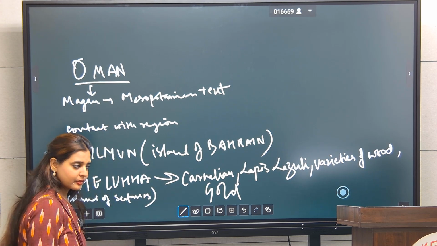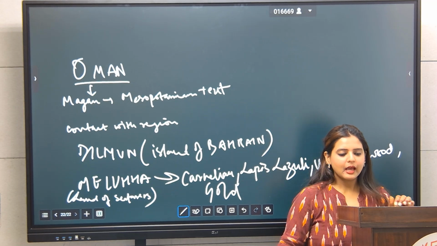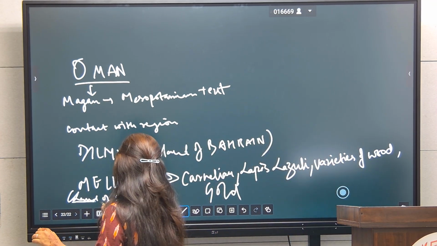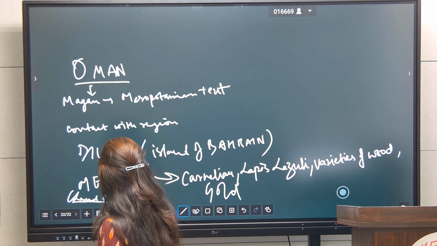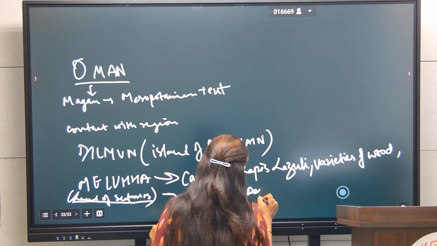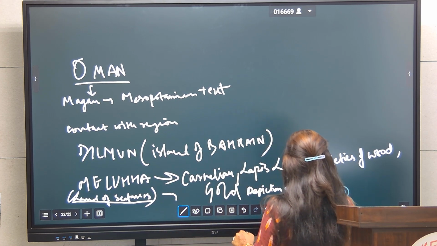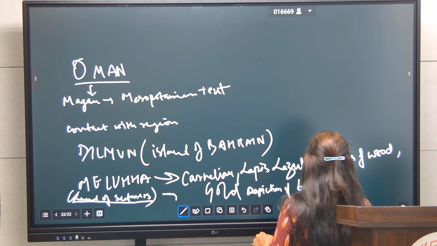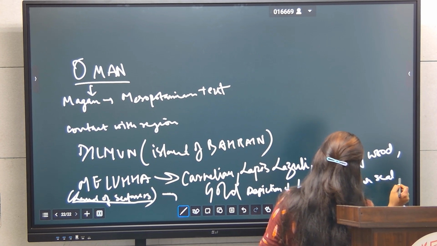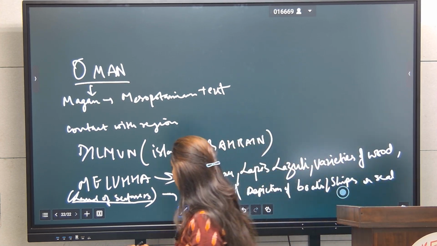We can see the depiction of boats and ships on Harappan seals. That shows a connection between Harappa and Meluha.